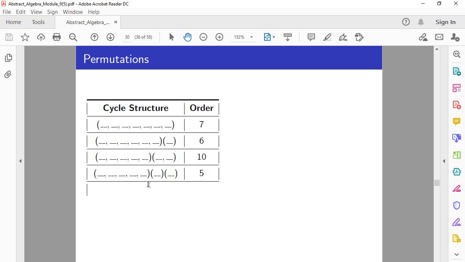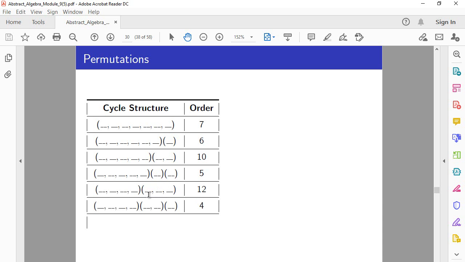Let's now look at the cycle structure where the largest cycle length is 4. If we have a cycle of length 4, then we may have a cycle of length 3. The LCM would be 12, so that's the order. But if we have a cycle of length 4, then we may have a cycle of length 2 and a cycle of length 1, in which case the LCM would be 4.